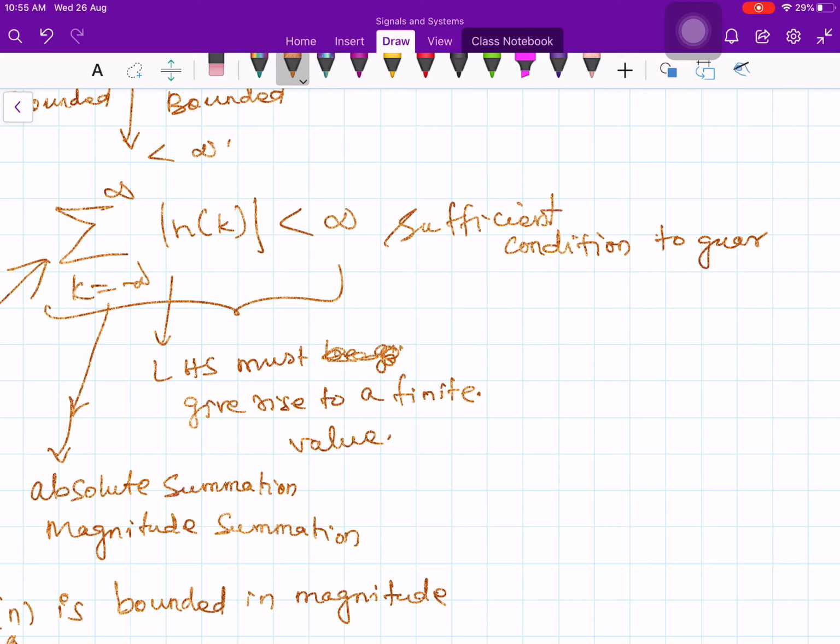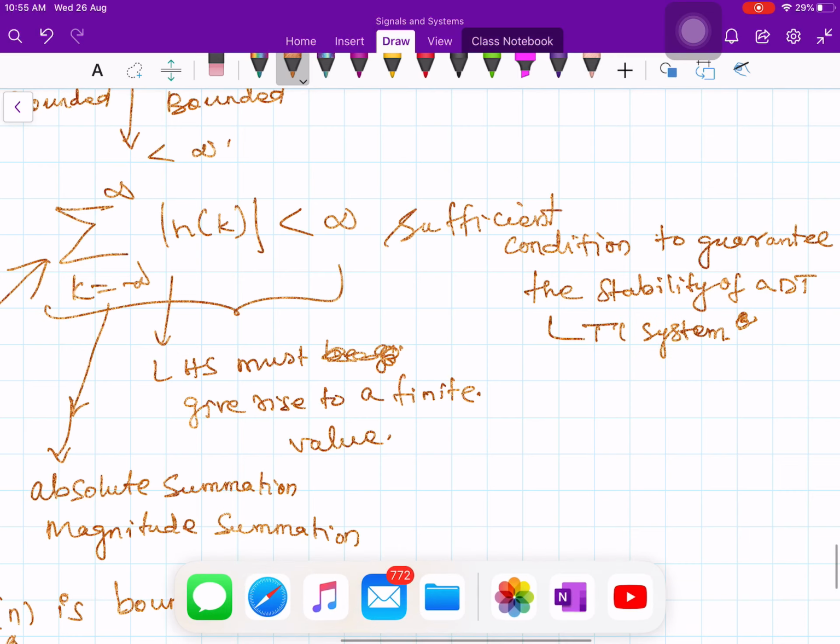Sufficient condition to guarantee the stability of a discrete time LTI system. Okay. In fact, this condition is also a necessary condition.